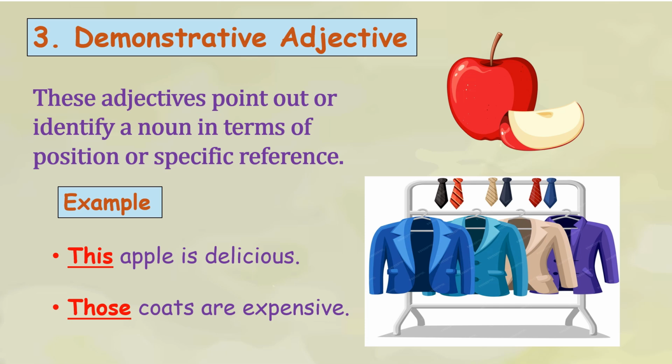Delicious and expensive are describing the quality of apple and coats, which are also descriptive adjectives, while the words this and those are indicating a specific noun: among the many apples, this one is delicious, and among so many stuff in the shop, those coats are expensive.